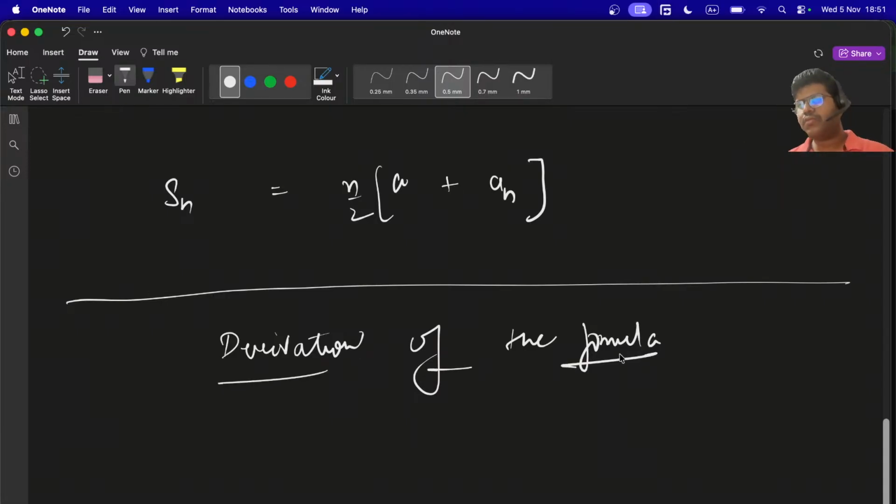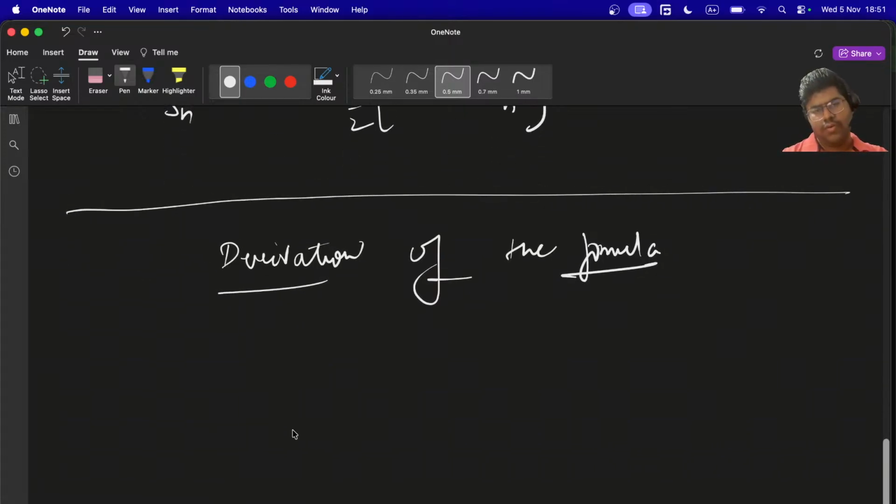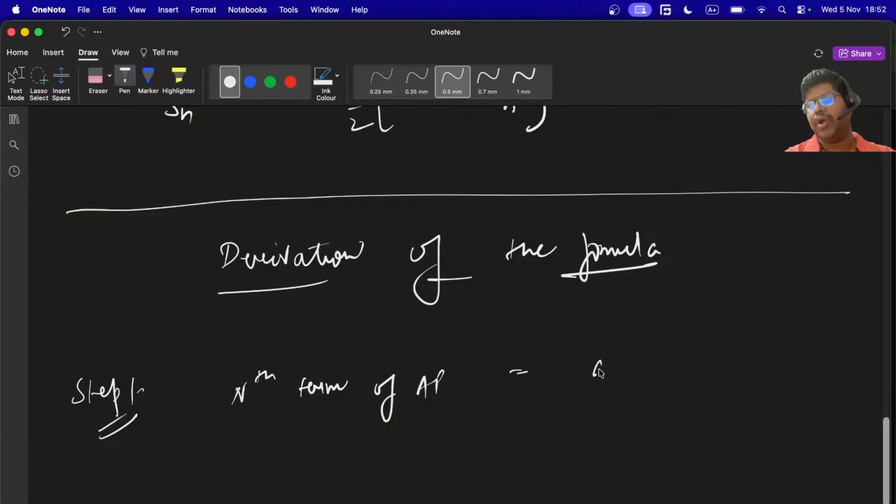So the very first step: we know that the nth term of an AP is an equals a1 plus n minus 1 d.